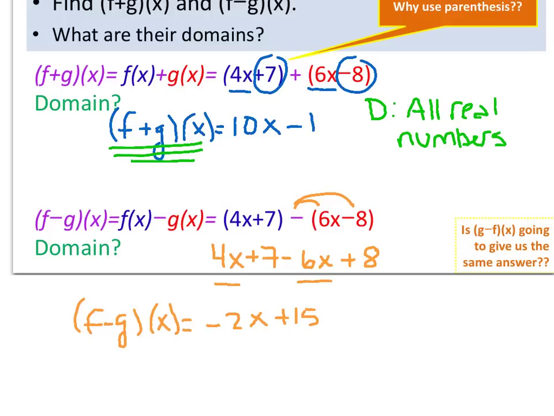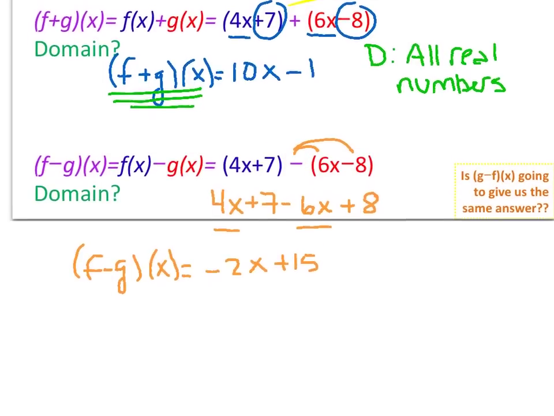Now I want to think about if I would have done g of x plus f of x, would I have gotten the same thing? Well, addition here is commutative, which means it doesn't matter the order I do it in, I'm going to get the same thing. 7 plus 8 is the same as 8 plus 7. But subtraction is a little bit different. So let's just go ahead and do it the other way around and see what we get.